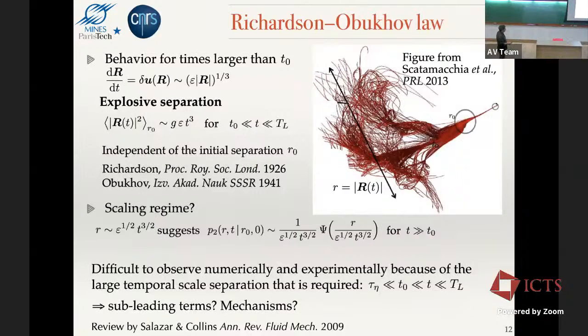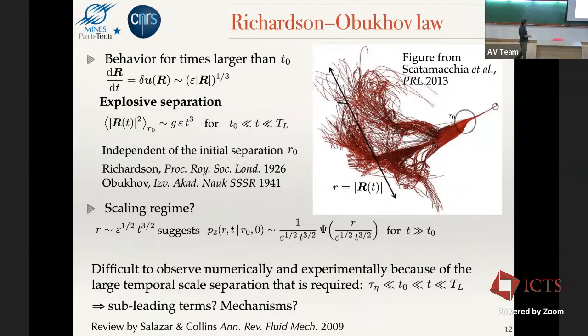So 1941 is the Annus Mirabilis of turbulence in Russia. Obukhov was very close to Kolmogorov. He was not a student, but he was more or less in the next office. So he formalized it and really wrote this law. So it's called the Richardson-Obukhov law.